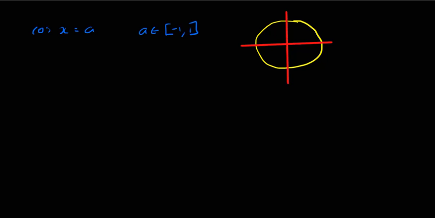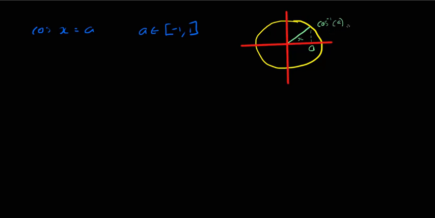So we're coming out at an angle x, and its cos is a. So this angle here is inverse cos of a.